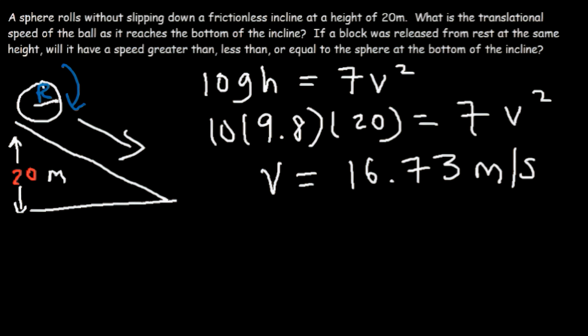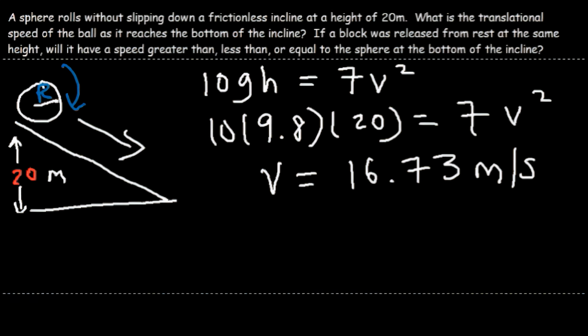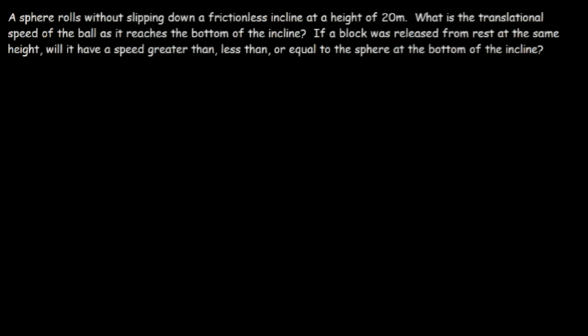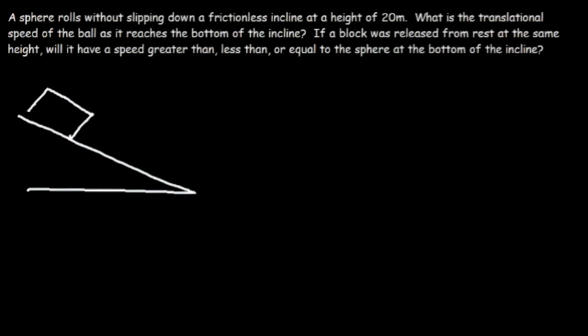Now, how would you calculate the speed of the block if it slides down from an incline of the same height? So let's draw a new picture. We're going to have the same incline, but this time we're going to have a block, and the height is still 20. The equation that we're going to use is going to be similar, but also quite different.